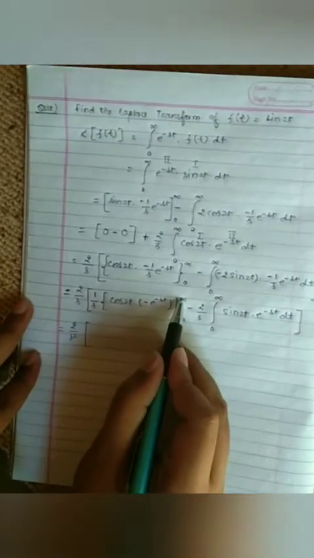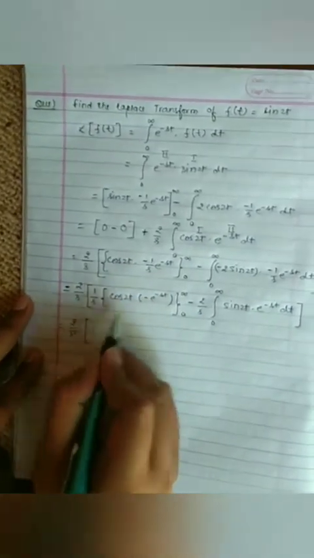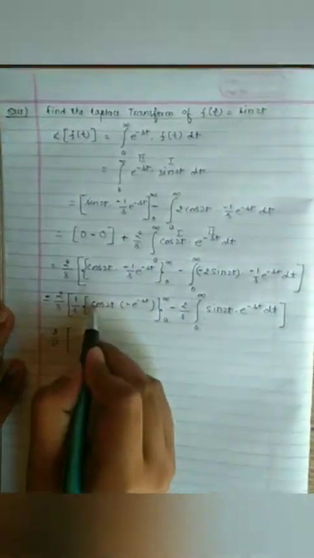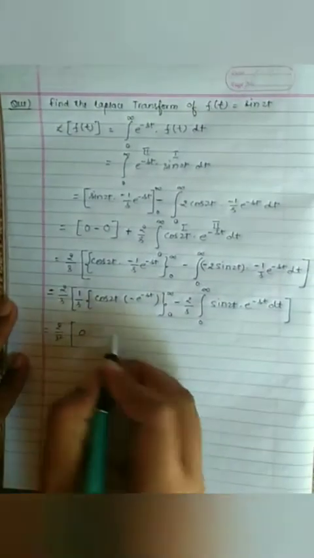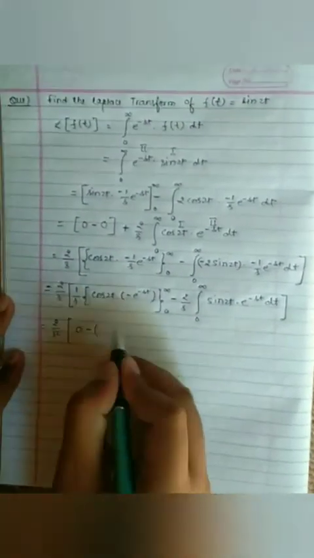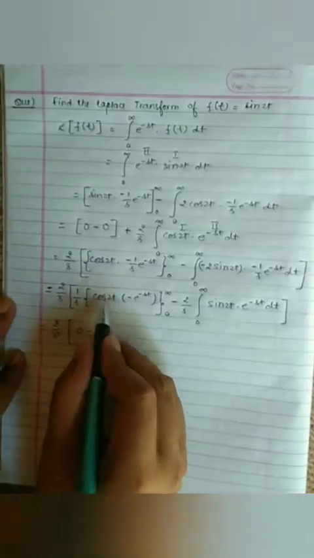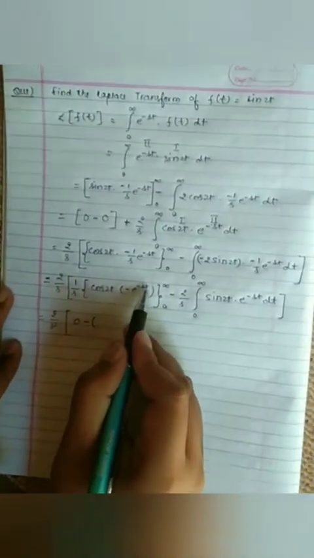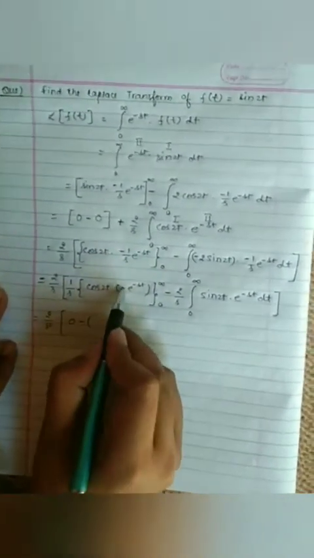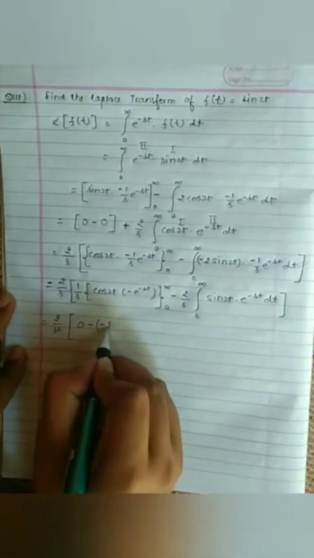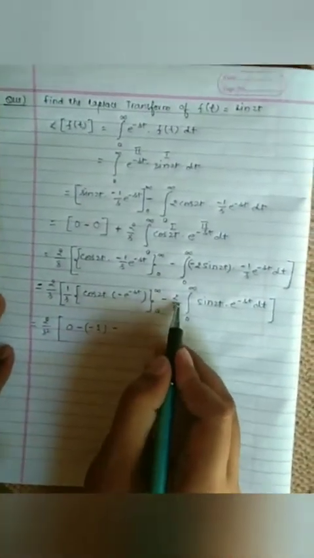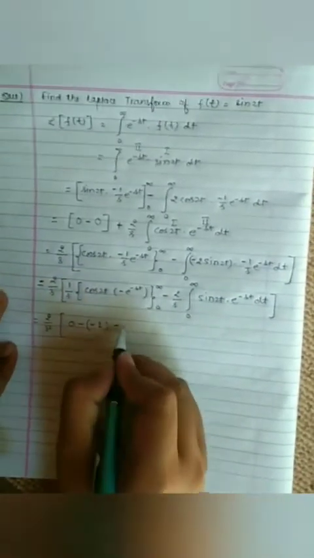So e power minus infinity will be 0, and 0 multiplied by cos 2t will be 0, minus cos 0 will be 1 and e power 0 will also be 1. And here is a minus sign, so it will become minus 1. Minus, we have taken 1 by s outside, so 2 will remain here.